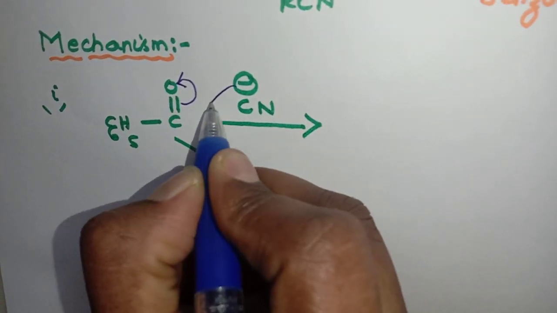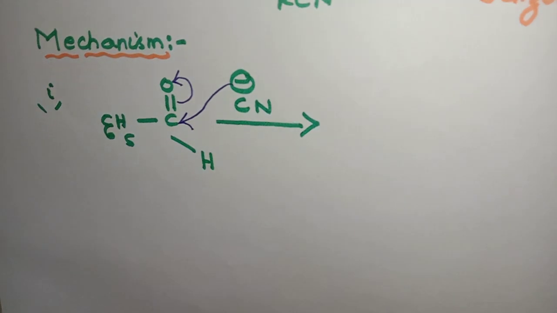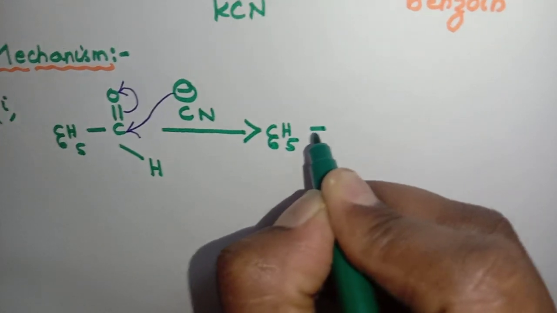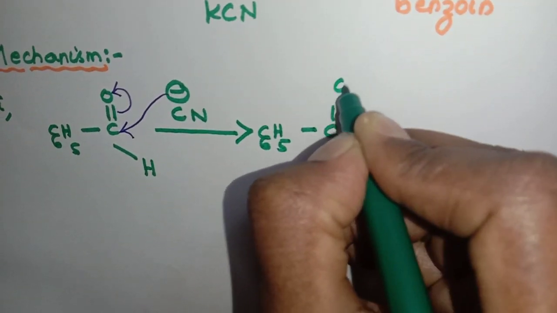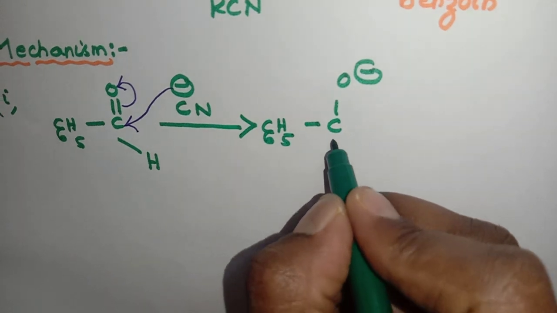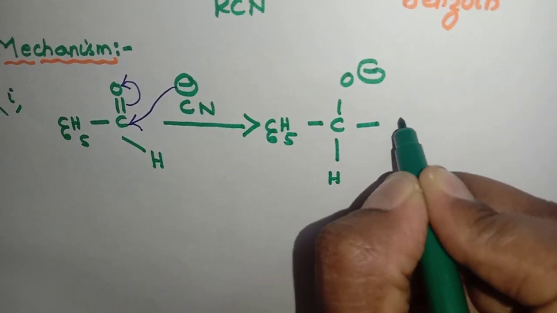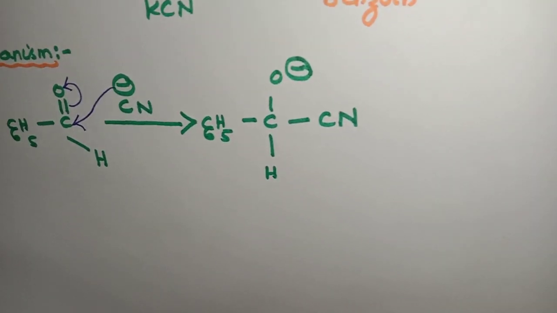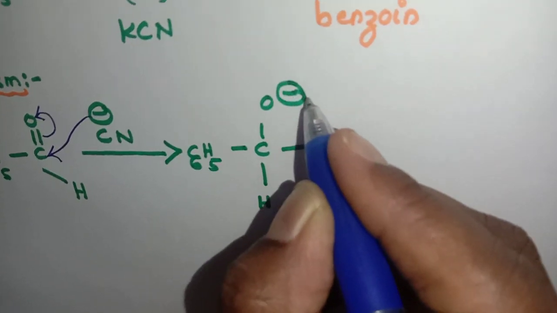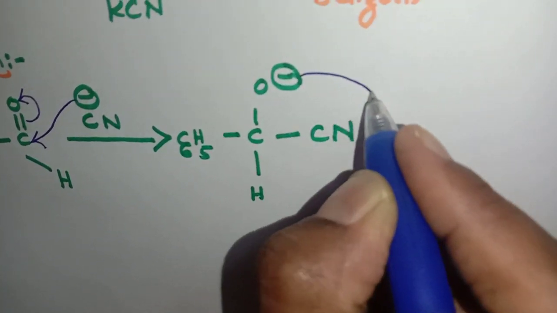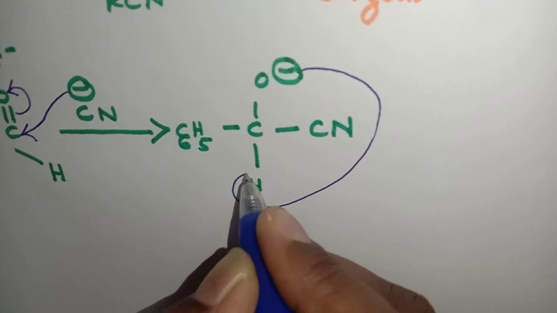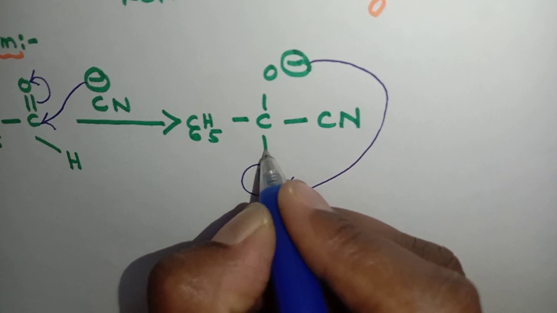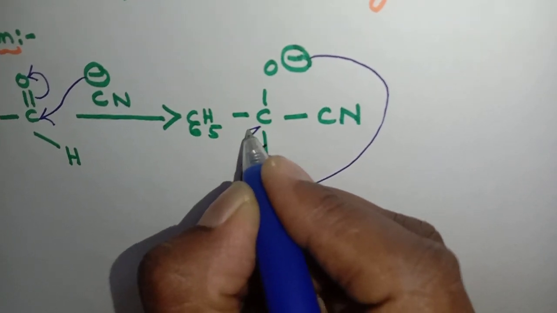So this CN minus attacks the positively charged carbon, resulting in the formation of C6H5 C O minus. Here is H and here comes now the CN group. Okay. Next what happens? This O minus, negative charge is there now on oxygen. It takes up the hydrogen present on the same carbon and this bond shifts towards carbon.